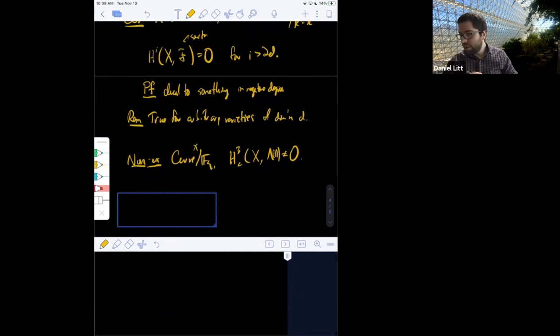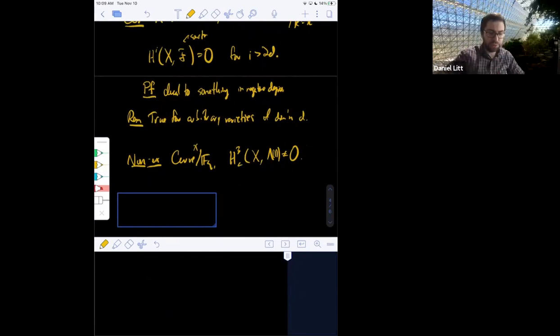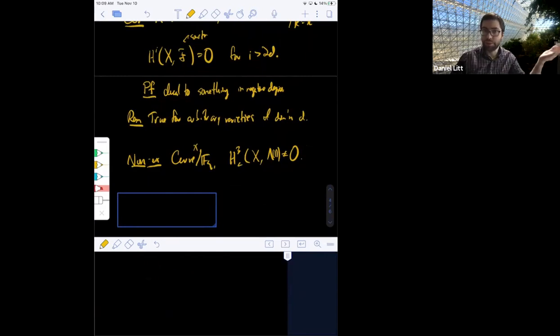Are there any questions about that, or about anything we've talked about so far? Where did you use algebraically closed in the proof? It was in the construction of the trace map. At some point we reduced to the case of curves, and then we used our computation for curves over an algebraically closed field.